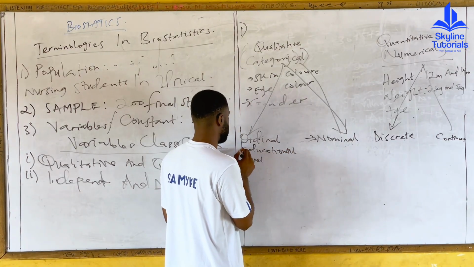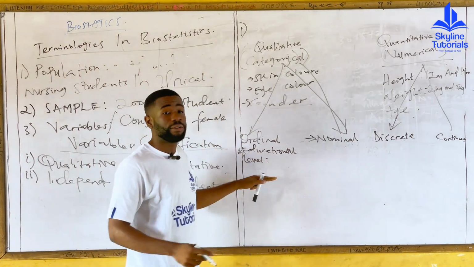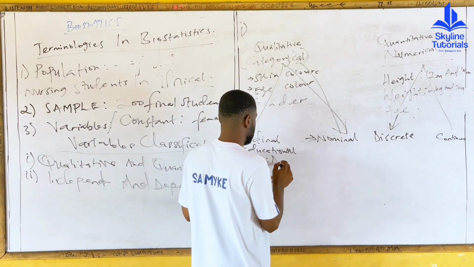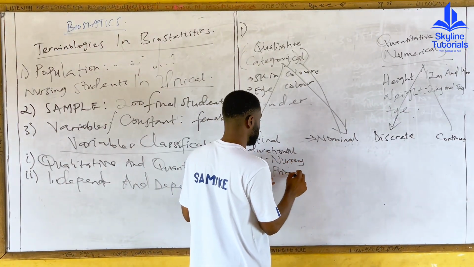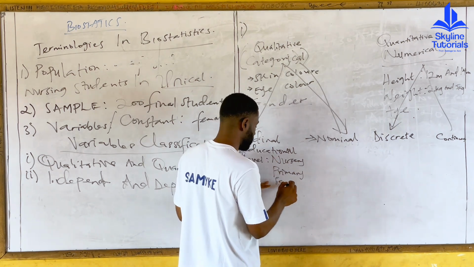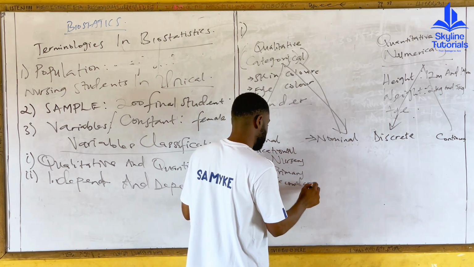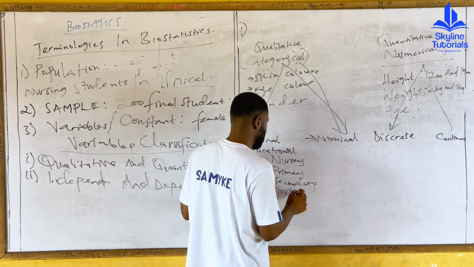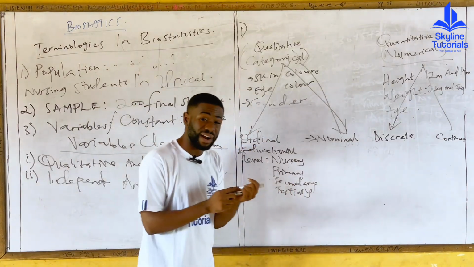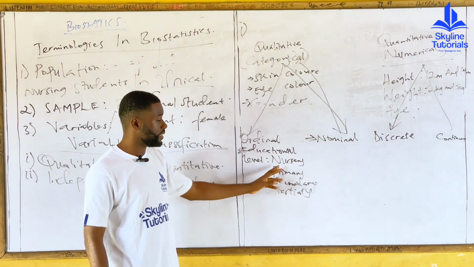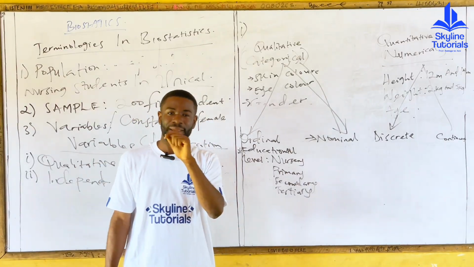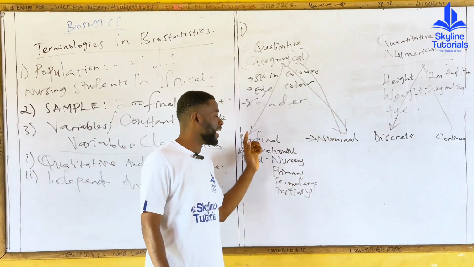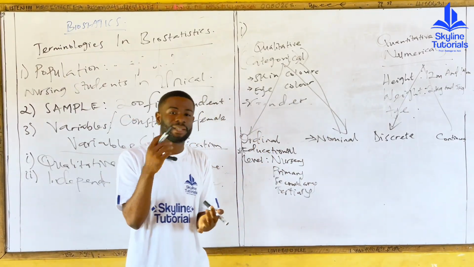Under educational level, we have nursery, primary, secondary, and tertiary. You can see that this has ranking. From nursery to primary, it follows a systematic pattern. Take note of that: an ordinal variable follows a systematic pattern.